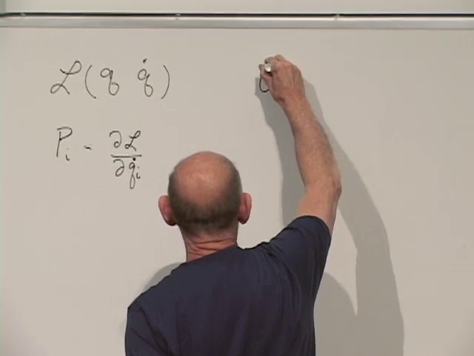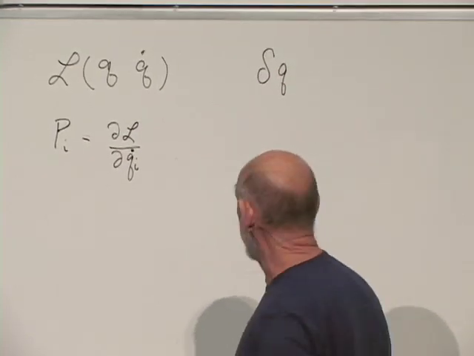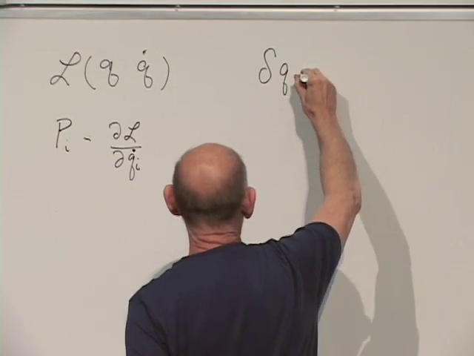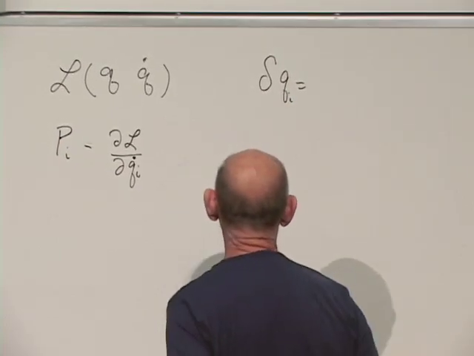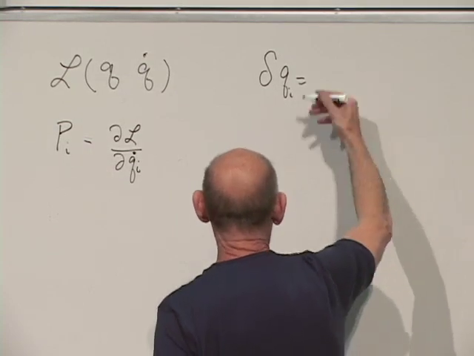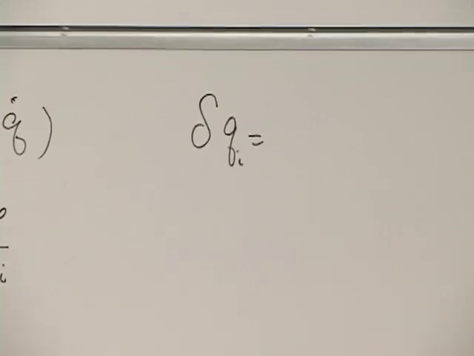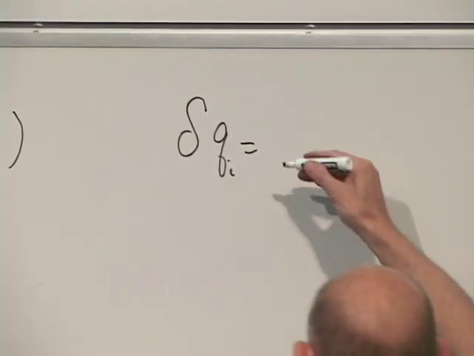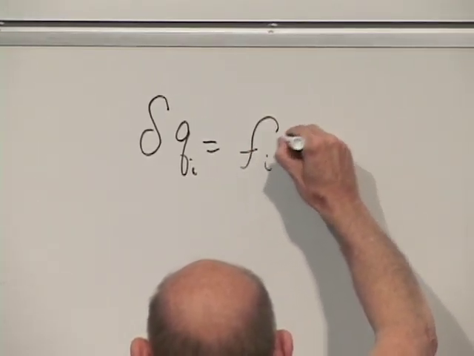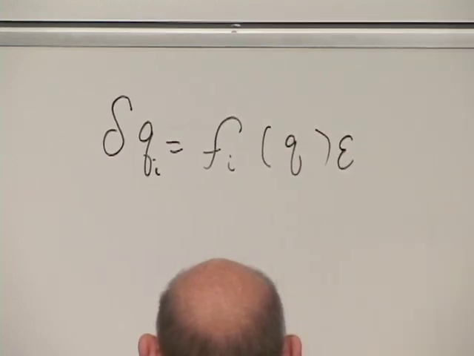So we'll write the shift in q under a particular symmetry operation as the variation of q sub i. Let's just call it delta q sub i. It might be the ith function of q times some small parameter epsilon.